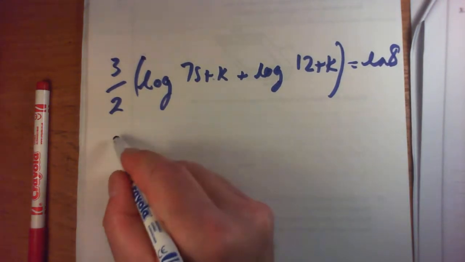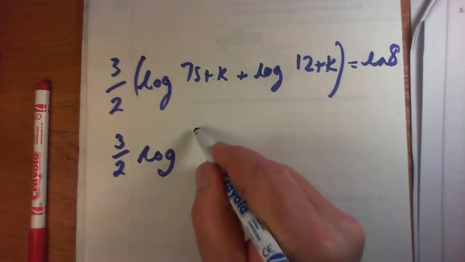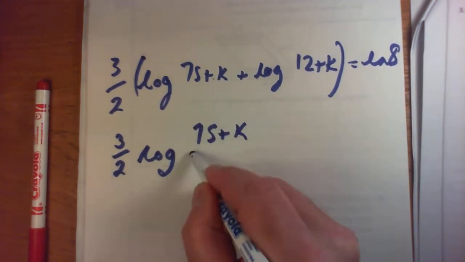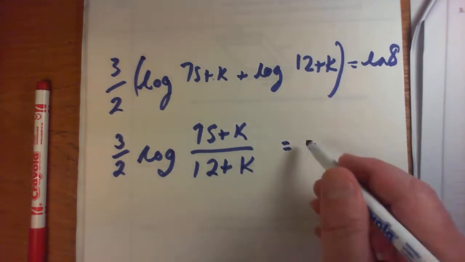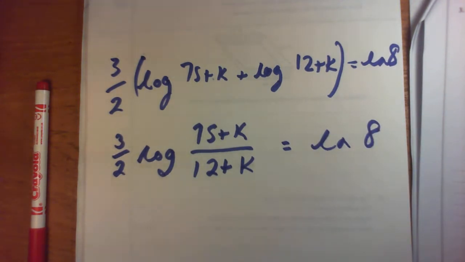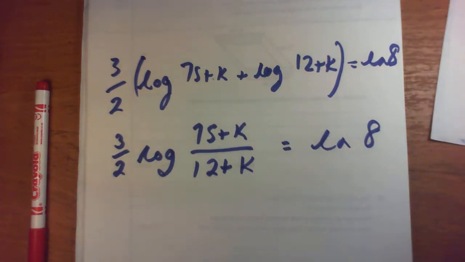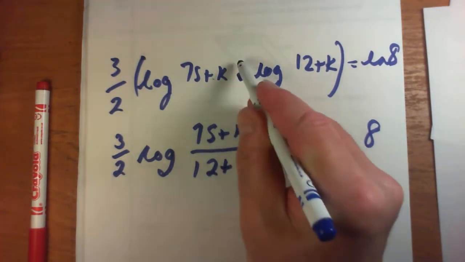Now it would be correct to say, okay, 3 over 2, that's log of 75 plus k over 12 plus k equals log 8. Sorry, that should be minus, shouldn't it?